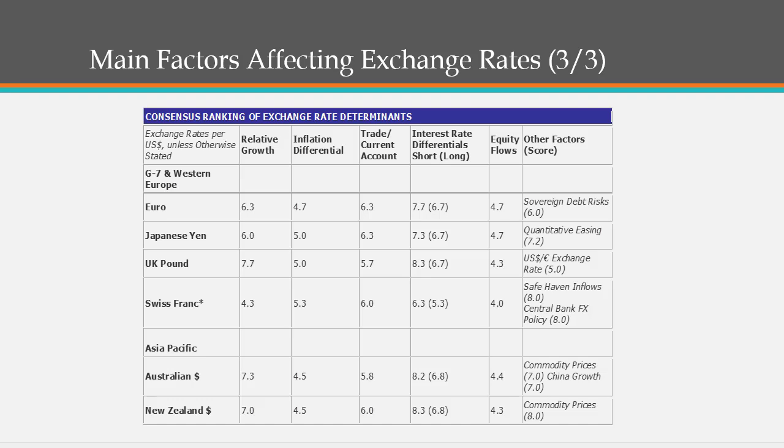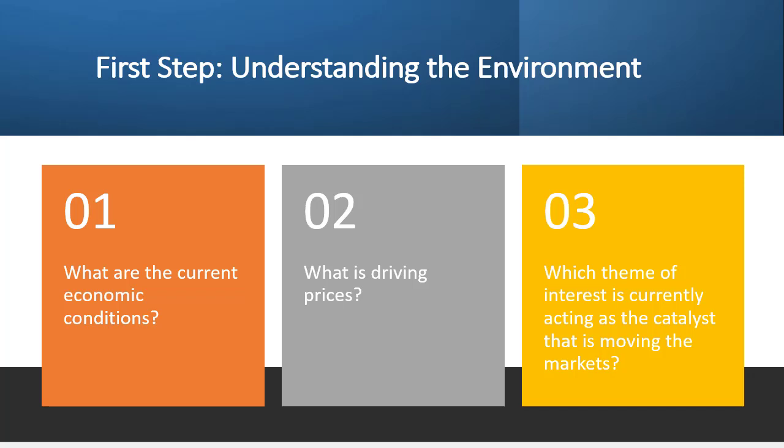So you can see, depending on the economy, we have different factors that are affecting the currency. So let me go back again to the beginning. If I go back to this, understand the environment. What are the current economic conditions? Well, if you look at the euro, you have to look at the interest rates.